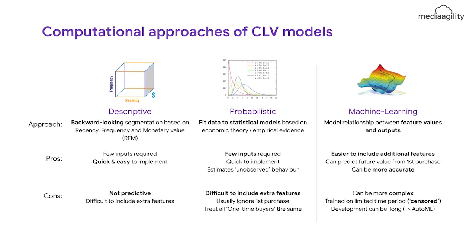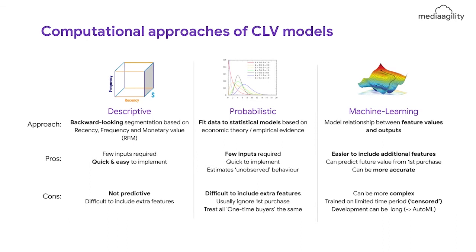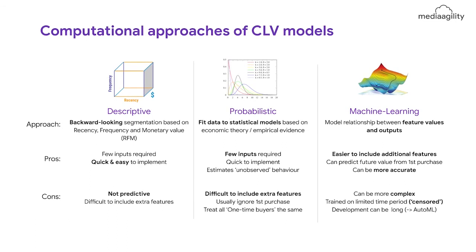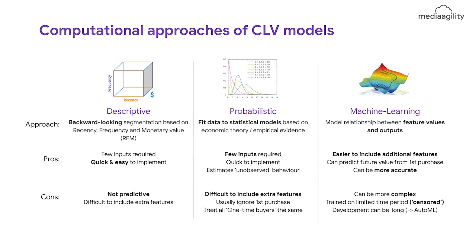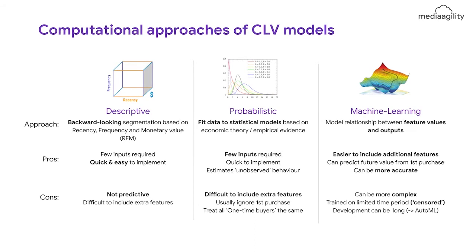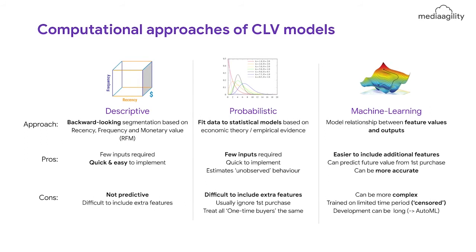your data, what we do with our customers is take a more machine learning approach, where we can use deep neural networks and add more features to your model. The probabilistic model uses fewer features, only the recency, frequency and monetary value.